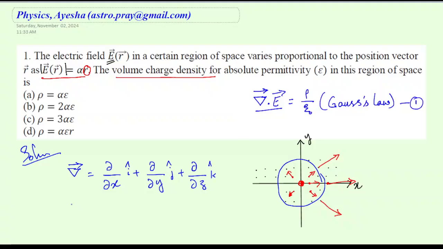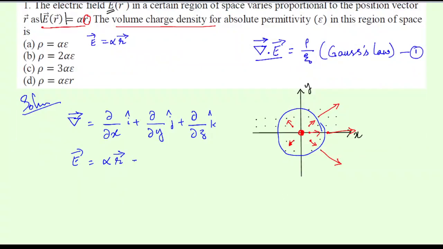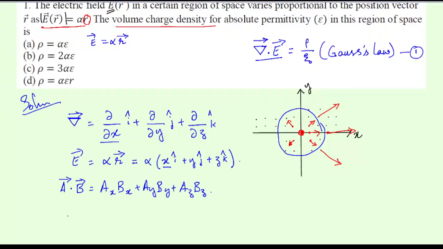And this E is given by alpha into R. If the magnitude is alpha R, then E is equal to alpha into R. For R, the position vector, we can write x i cap plus y j cap plus z k cap. So these two are vectors. Just like you do the dot product of two vectors, it's nothing but ax bx plus ay by plus az bz. So let's do that.